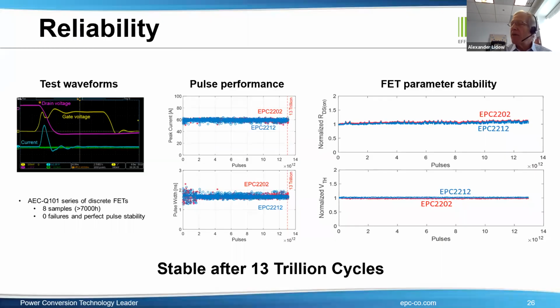And by the way, there is a very thorough description of not just this test, but all of the intrinsic failure mechanisms of eGaN devices on our website in our phase 12 reliability report, where we give the basic physics behind all the intrinsic failure mechanisms in GaN devices and ways to predict lifetime given an arbitrary set of requirements or missions in applications.